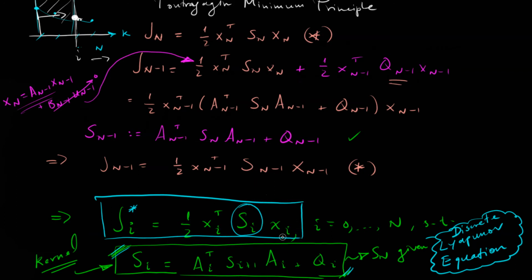The only difference is that this S_i, this kernel matrix sequence, is not going to satisfy a simple Lyapunov equation anymore. It's going to satisfy what is called the Riccati equation, which is a bit more complicated but also more rich in structure. So this is all I wanted to talk about in this video: a gentle introduction to the Lyapunov equation and how it shows up in the LQR problem.